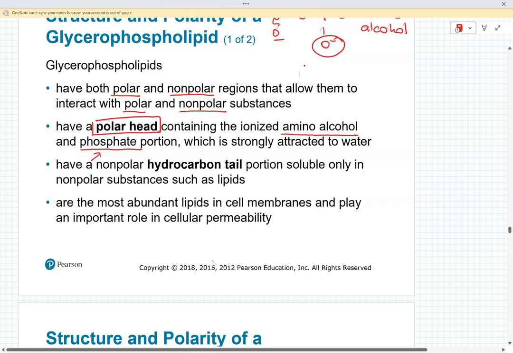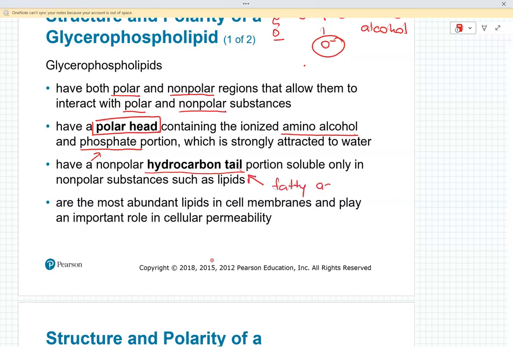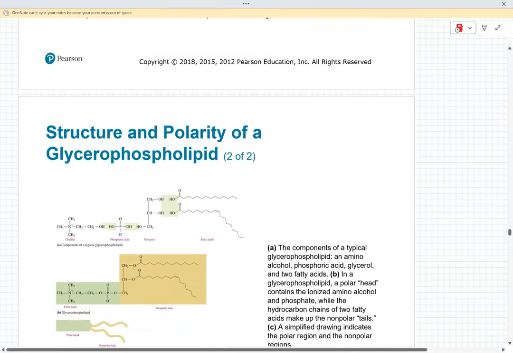Now, the nonpolar part is that hydrocarbon tail, which is essentially fatty acids, okay? Basically, the structure of glycerophospholipid allows it to form membranes that would regulate the transport of substances in and out of the cell.